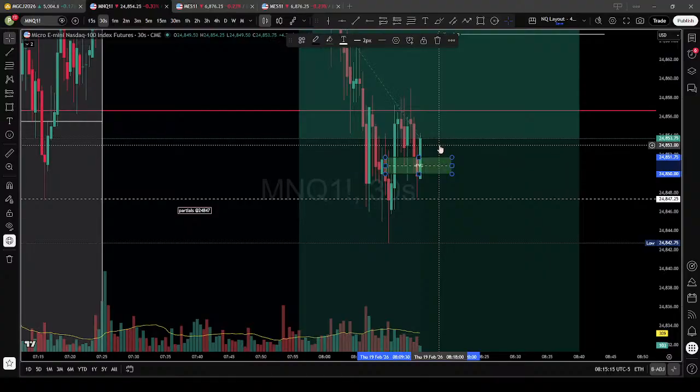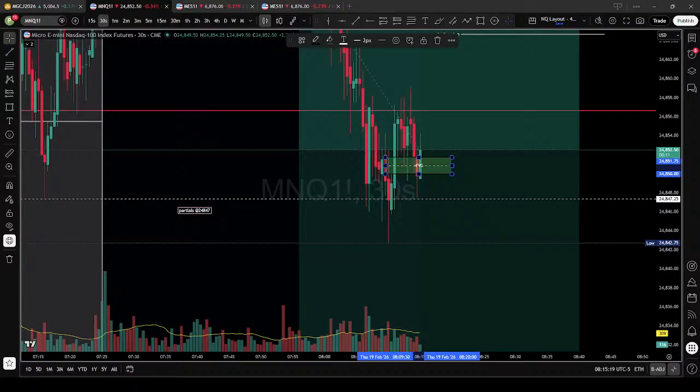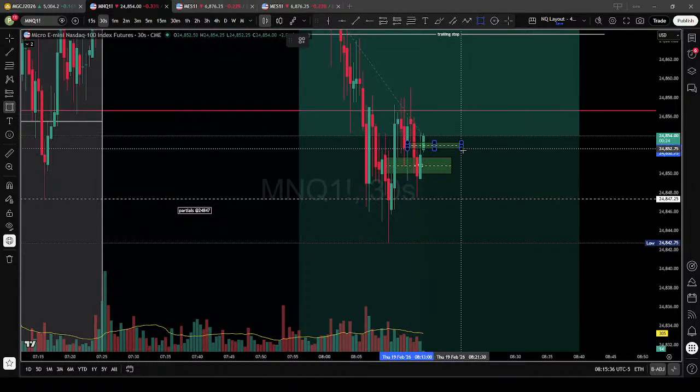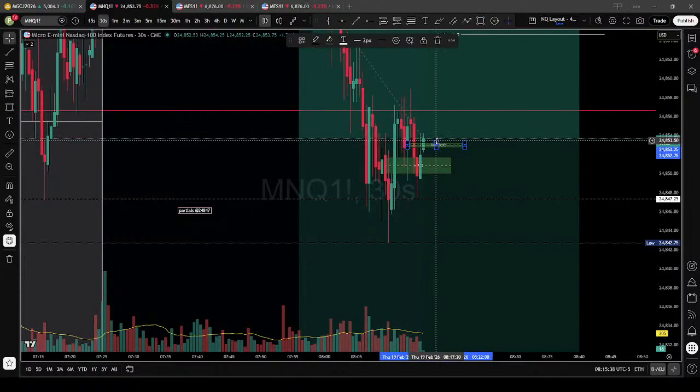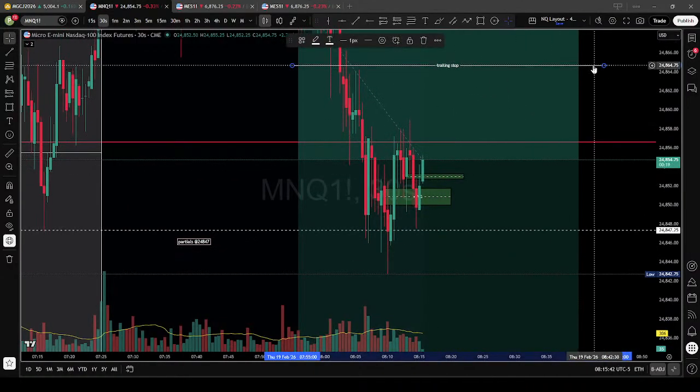See how there is a fair value gap right up here. We've taken another entry in this fair value gap. Now the stop loss and the trailing stop loss are right up here.